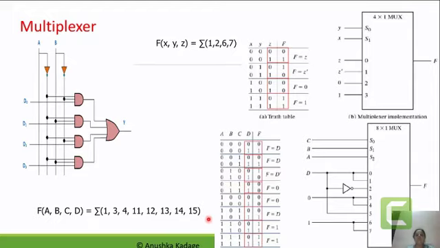So here, first we will check how many inputs will be needed for this particular function to be defined. And for observing that, again what we will do is see which variable is majorly going to vary.